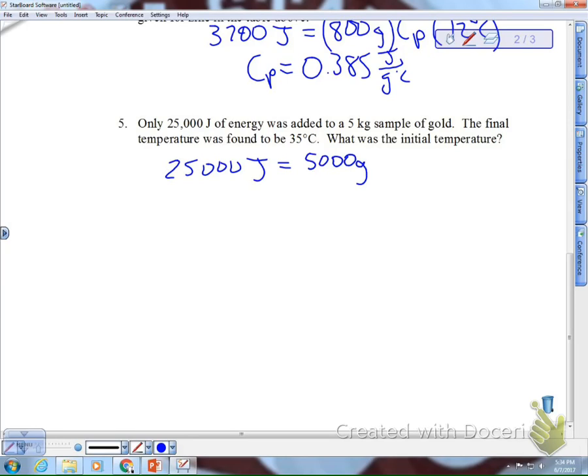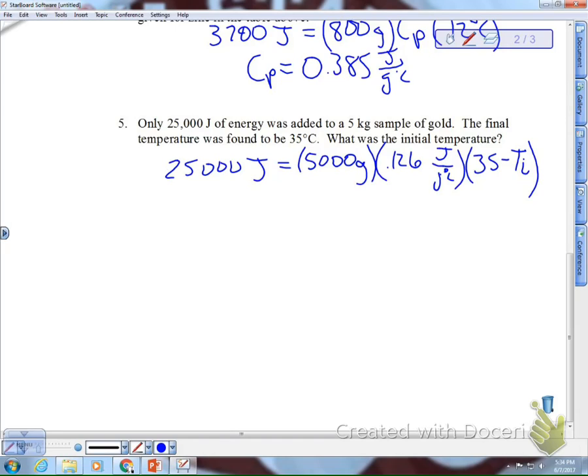So change kilo to gram, again, if our unit is going to be joules over gram degrees Celsius. So from the table, gold is 0.126. And this time we're looking for initial temperature, so it's going to be 35 minus Ti. It's very important you get that correct. The final temperature is 35 minus Ti. If you didn't do it that way, you would get the wrong answer.